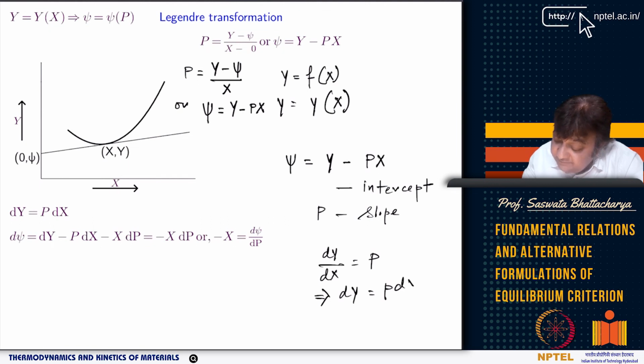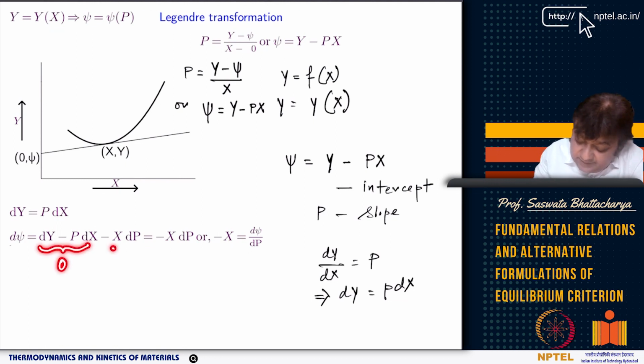But if I write d psi, which is dy minus p dx minus x dp, we have this extra term. So this term is going to 0. We have minus x dp. So you have d psi equals minus x dp.